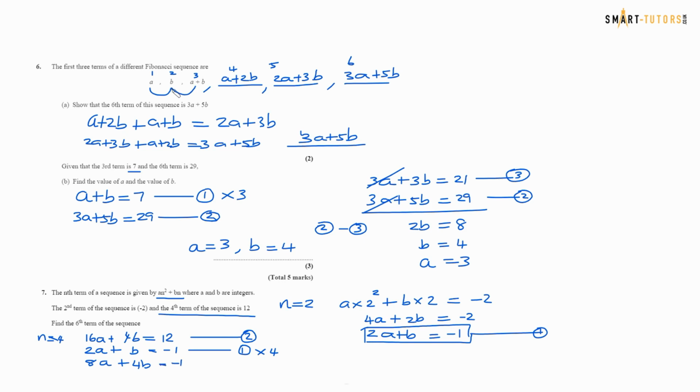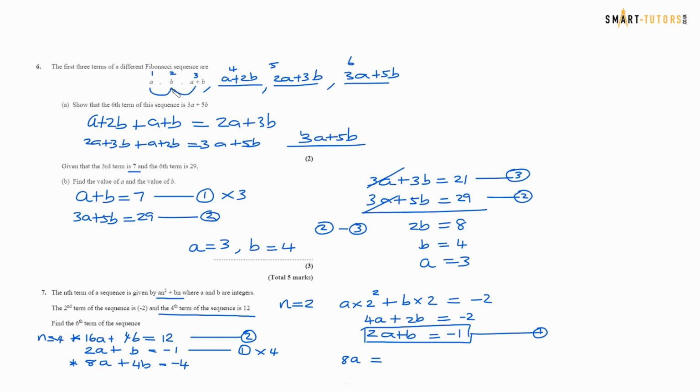So I'm going to take away from the second equation the one multiplied. So 16A take away 8A is 8A, equal 12 take away minus 4. We didn't multiply this one, so 4 times minus 1 is minus 4.